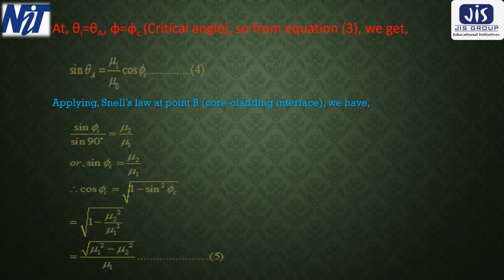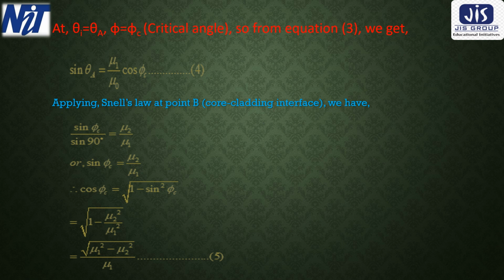It is possible only when the angle of incidence at the optical fiber and the medium of launch interface is equal to the acceptance angle. That is, if theta i, the angle of incidence, is equal to the angle of acceptance, then we will be able to replace equation 3.